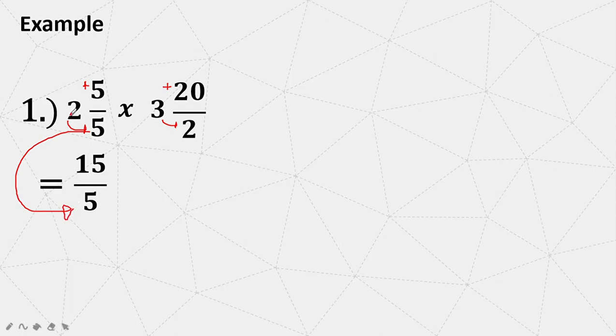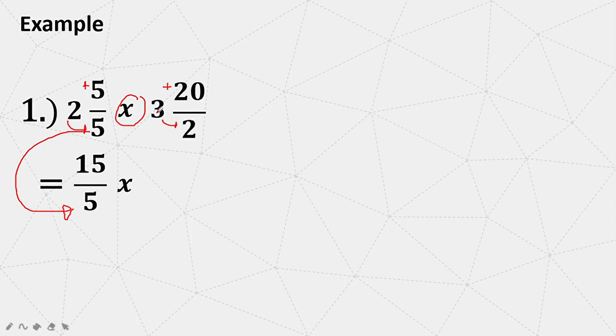Okay? So, 2 times 5, 10 plus 5, 15. Okay, we have 15 here. Then, copy natin yung denominator natin na 5. Now, times. Huwag natin kalimutan yung times natin. Yung operation natin, itong times na to, huwag natin yung kalimutan. So, ilagay pa rin natin yan. Times.